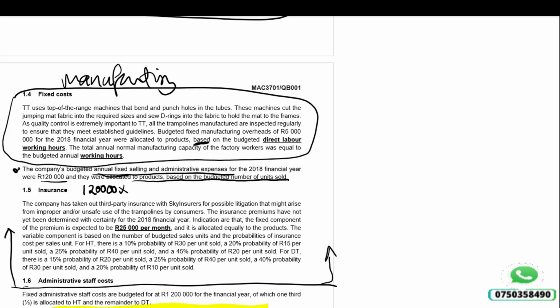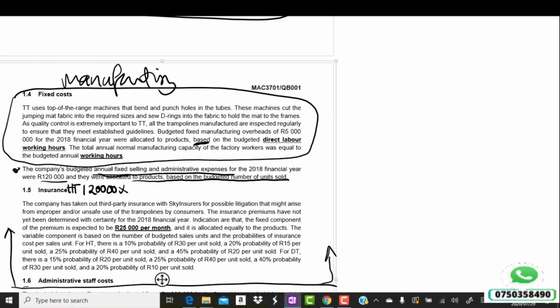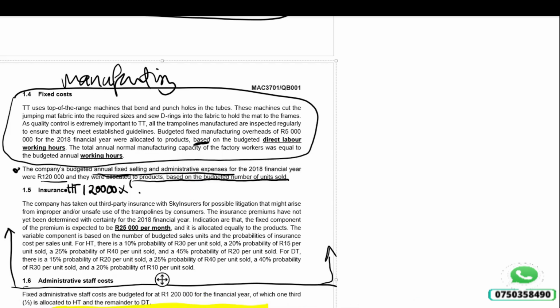For HT, it's going to be 120,000 multiplied by 6,000 units out of 24,000, so the fixed cost is 30,000 here.